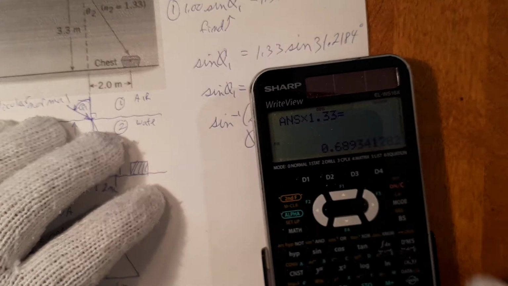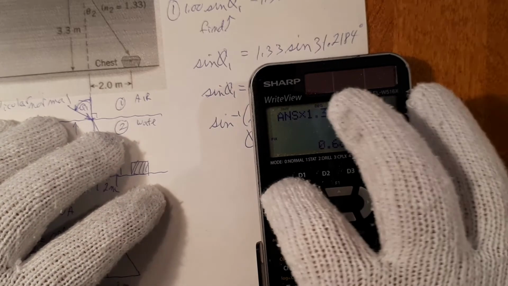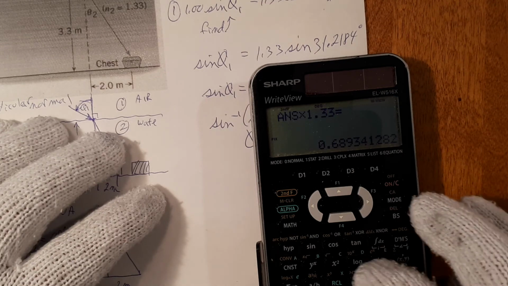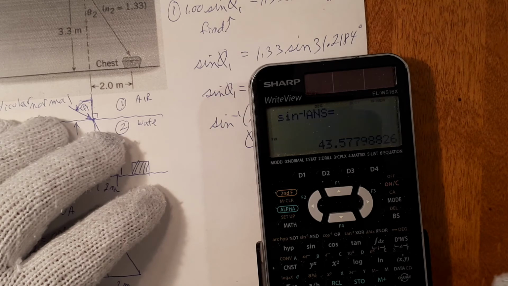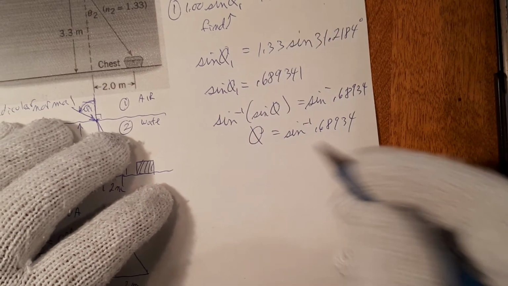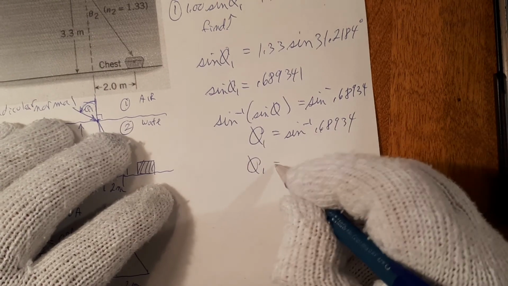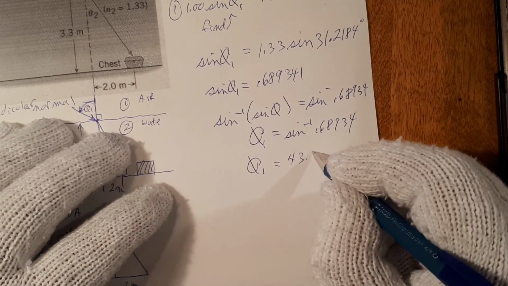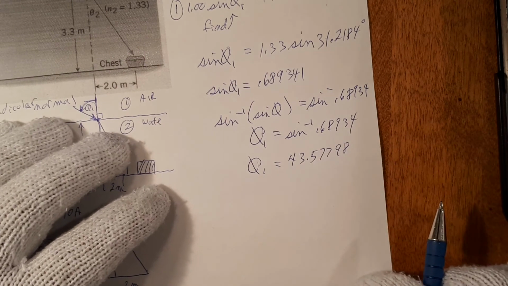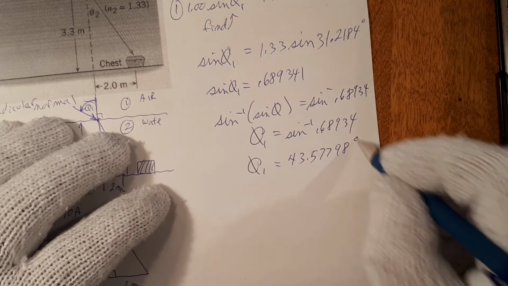That number is already here. So we'll take the inverse sine, is equal to 43.57. And this will be in degrees.